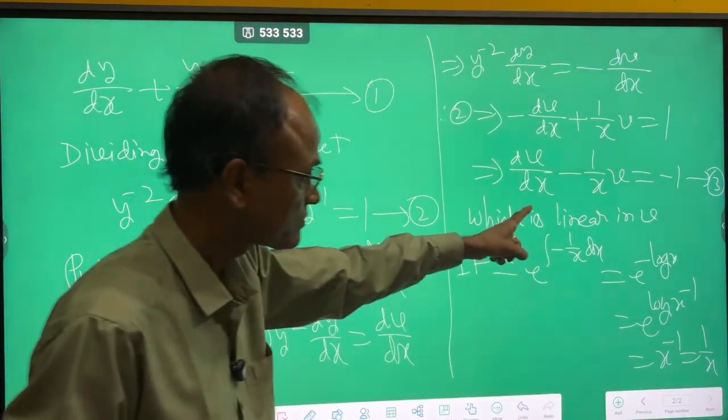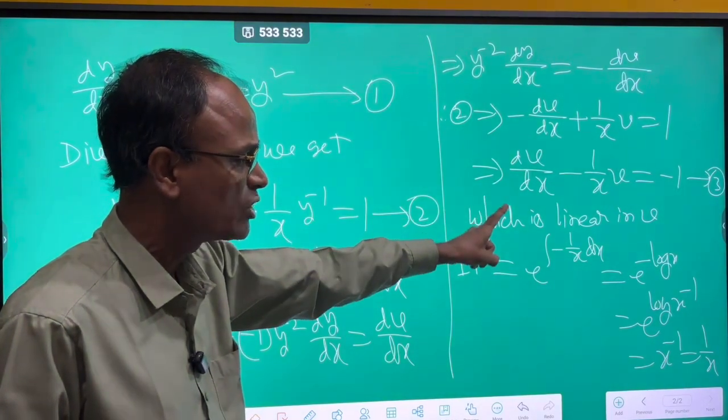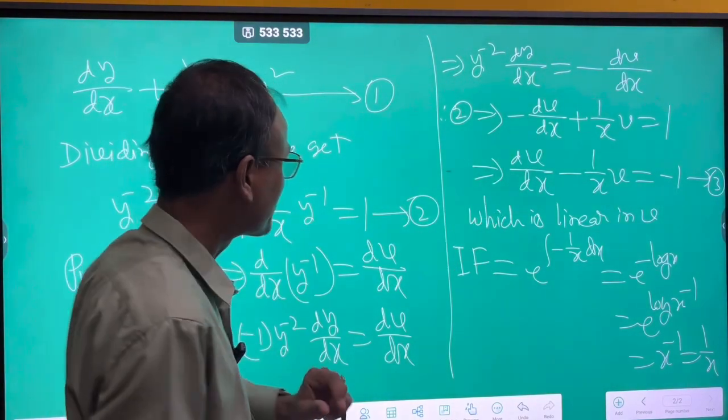Now multiply the equation 3 by the integrating factor.